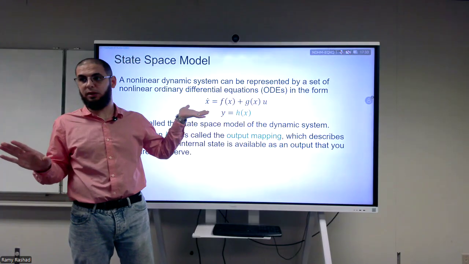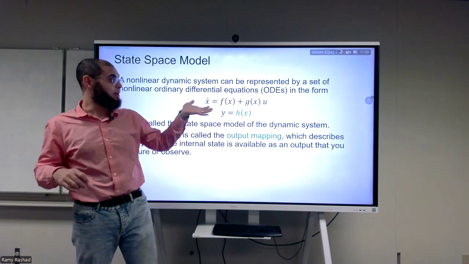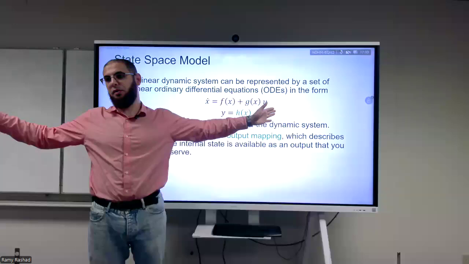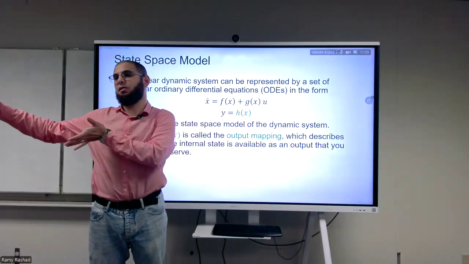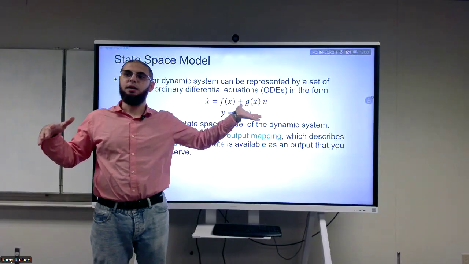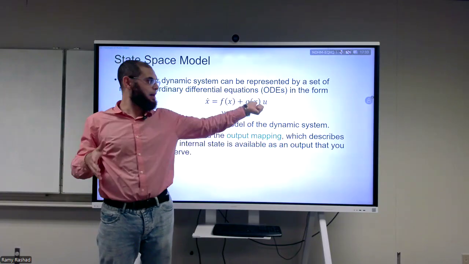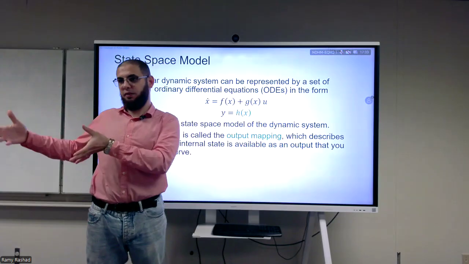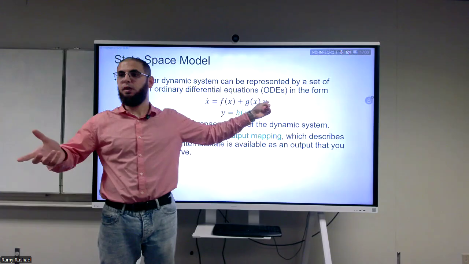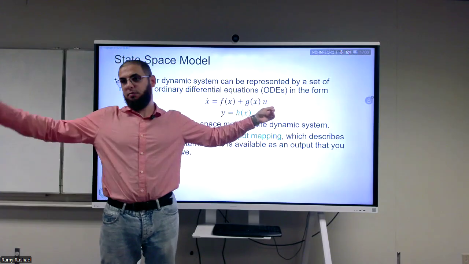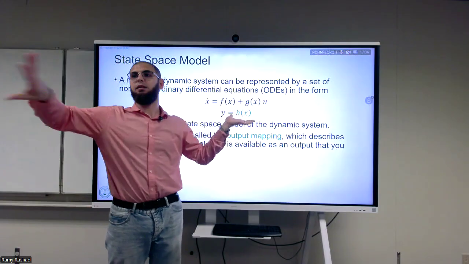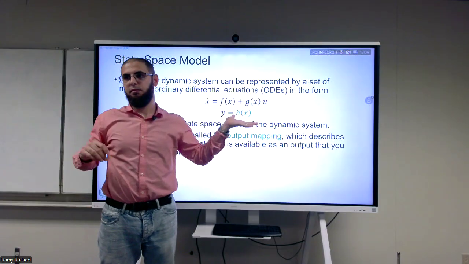If u itself is related to a time derivative of something else, then you're talking about some extra dynamics that you're not including here. Usually you call this the actuator dynamics. Maybe the input itself already has dynamics of its own. Let's say you assume that u is the input from a motor, but the motor itself has dynamics of its own. You're not including it here, it's external. It's another subsystem.